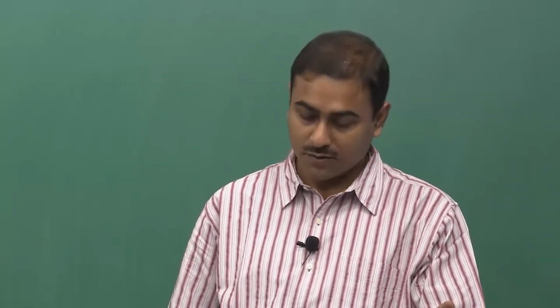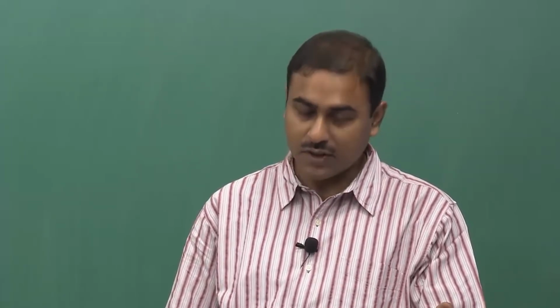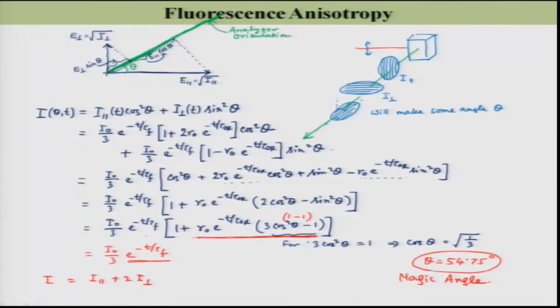It is okay only when the lifetime is very large compared to the rotational time. So, in case tau r is much smaller than tau f, the decay of this part will not affect the tau f that way.